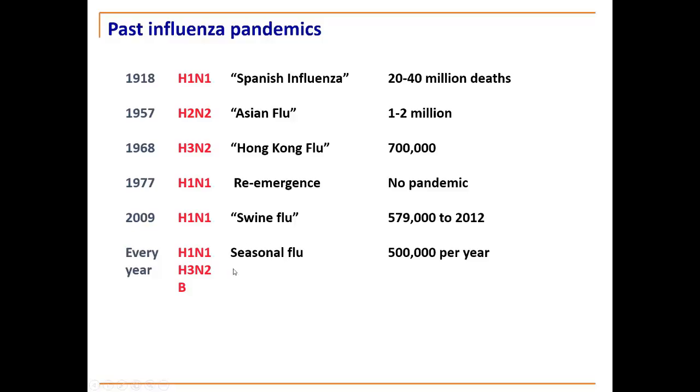And then you've got the seasonal flu, which remember is often H1N1, H3N2, with your Bs. And that kills around about 500,000 people every year. So it's still a significant killer. Death rates, of course, tend to be a lot lower now as antibiotics are available, which are helping to prevent secondary infections. So remember, you get influenza and then you might well get a secondary bacterial infection.